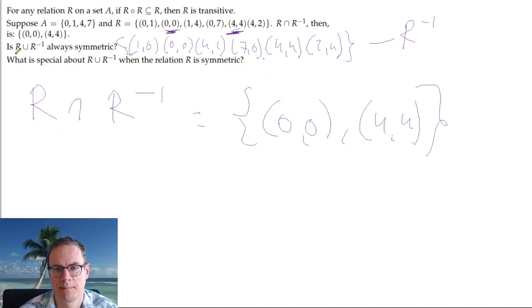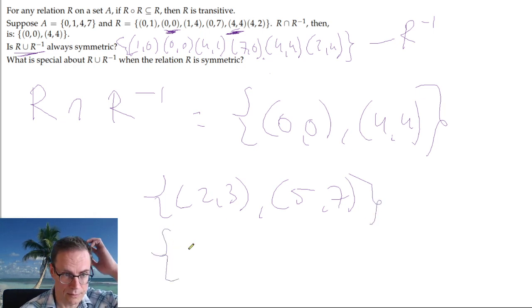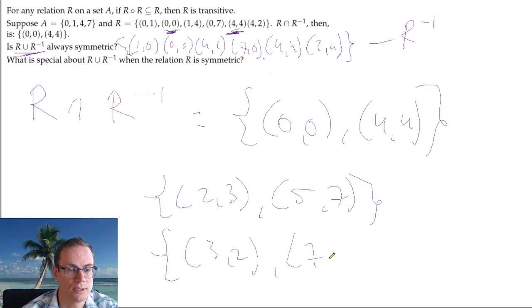Here's a question about union. So suppose you have a relation and you combine that relation with its inverse. So let's say we have 2,3 and 5,7. All right. And then we take the inverse, which is 3,2 and 7,5. And now we put them together.